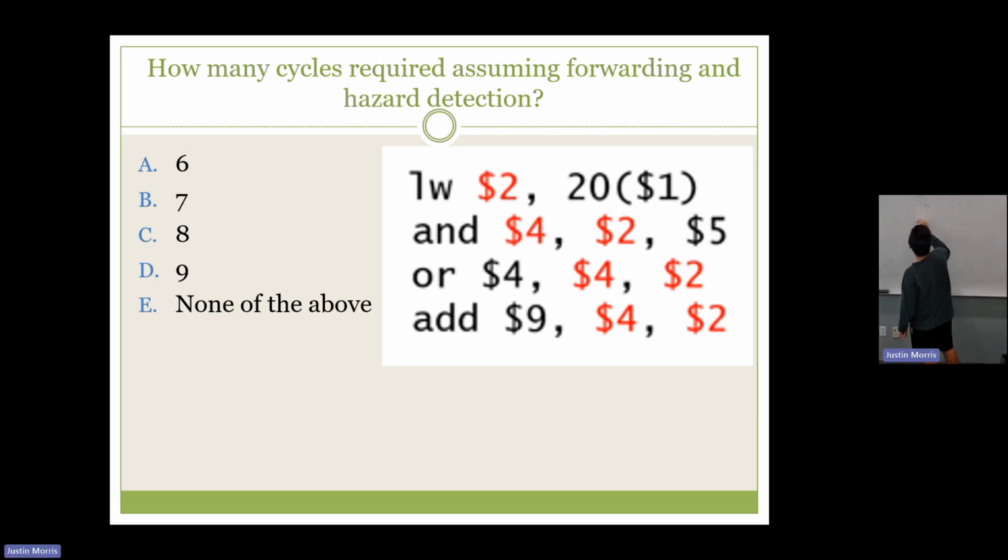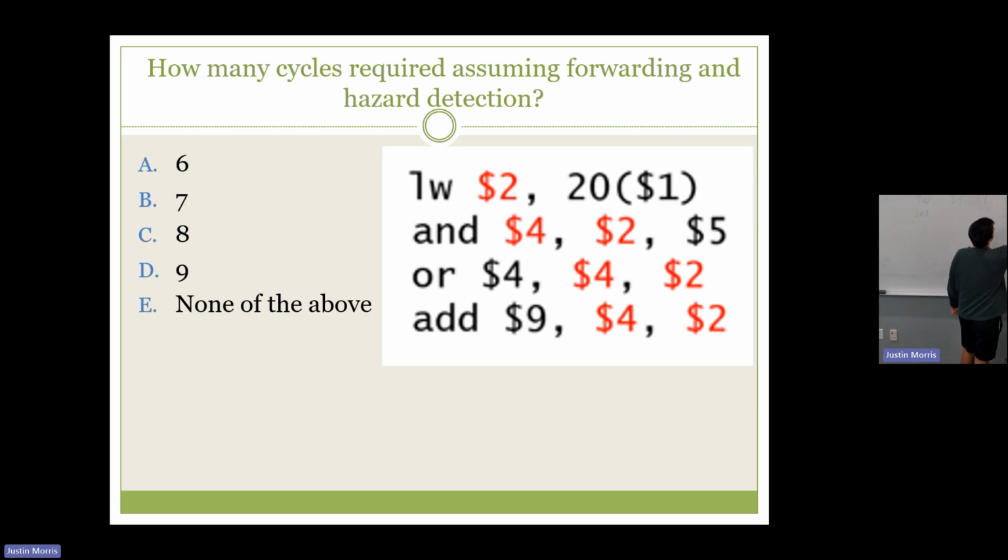My next instruction is an AND. Load word does decode. AND does fetch. Cycle 3, execute load word, decode AND, fetch OR. And it's here in decode that we see the problem: register 2, register 2, right?